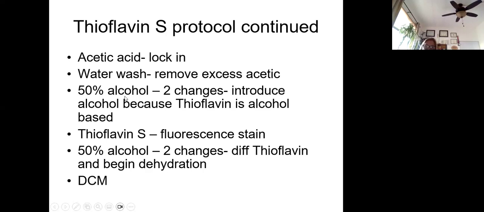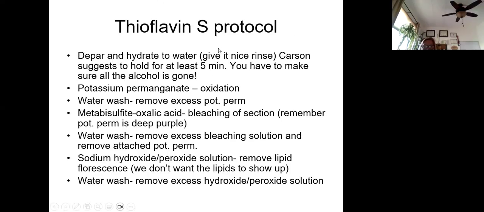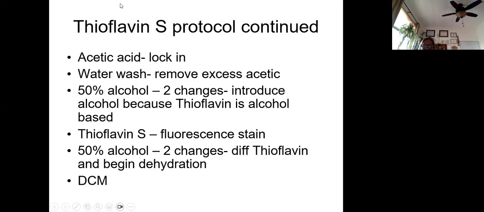Go into 50% alcohol. This is because that thioflavin is alcohol based. That's the whole reason why we had to get rid of all the alcohol earlier, because throughout this we're going to have an attachment to that alcohol. If we remain with alcohol on our slide, then once we hit here, everything that has alcohol is going to fluoresce.